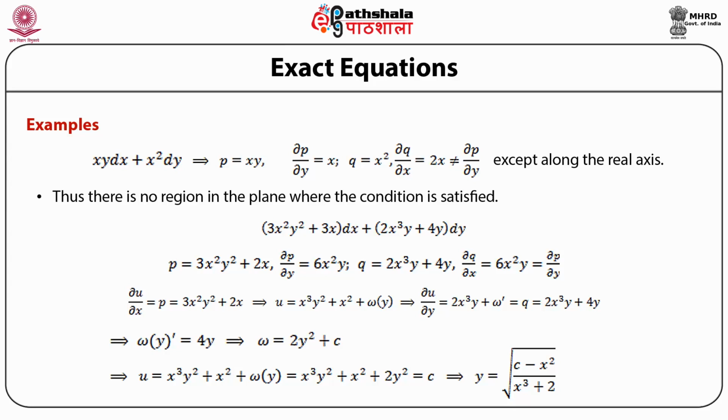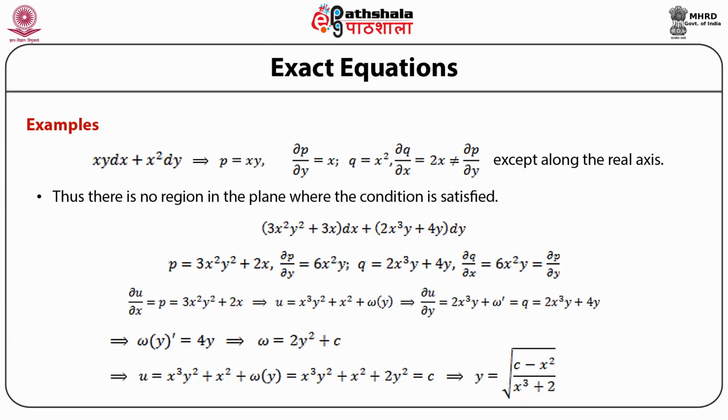So to find the primitive, ∂u/∂x is equal to p, which is 3x squared y squared plus 2x. On integrating the equation, we obtain u is equal to x cubed y squared plus x squared plus w(y). ∂u/∂y is equal to 2x cubed y plus w prime, which is equal to q, equal to 2x cubed y plus 4y.